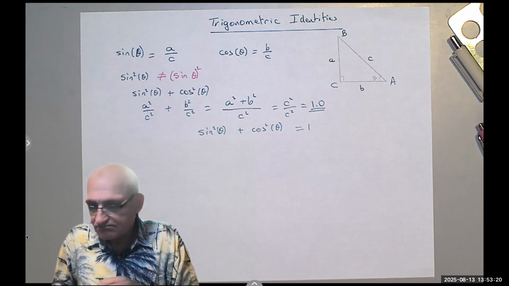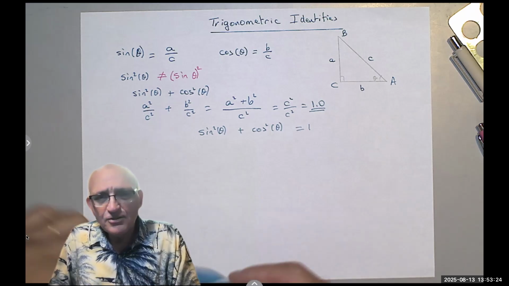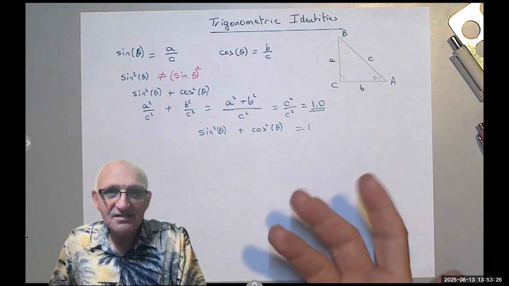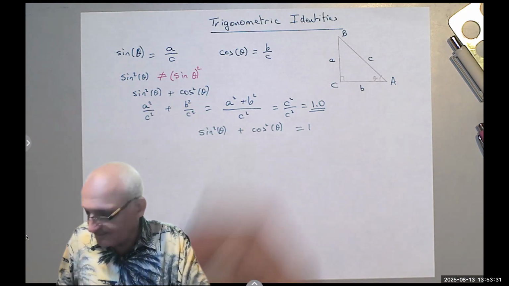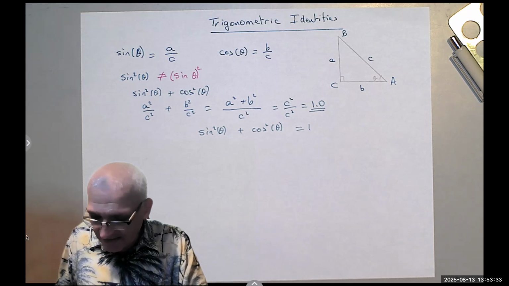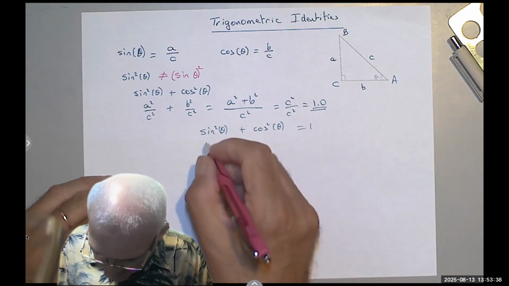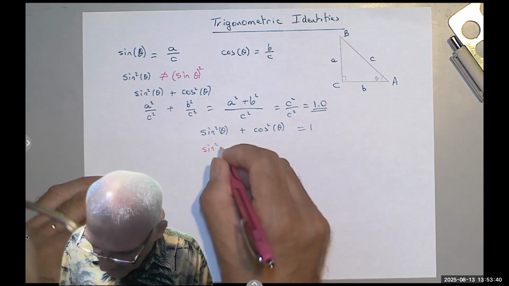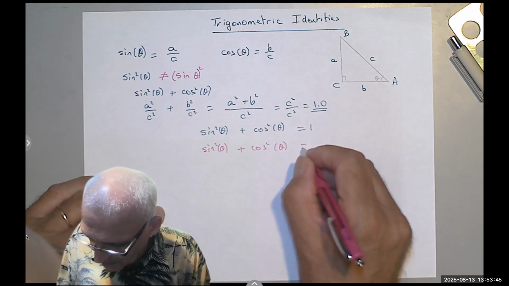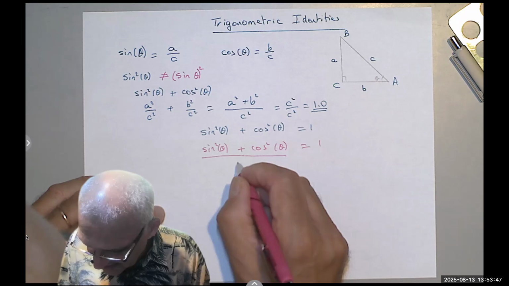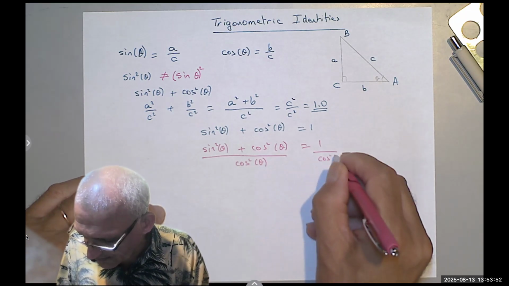Okay? Having said that, we can develop two more like artificial identities. It's the same identity, but it's like a corollary of that. If I divide the whole equation, say, by cosine square. So I can say sine square theta plus cosine square theta equals 1. I'm going to divide the left-hand side by cosine square theta and the right-hand side by cosine square theta.